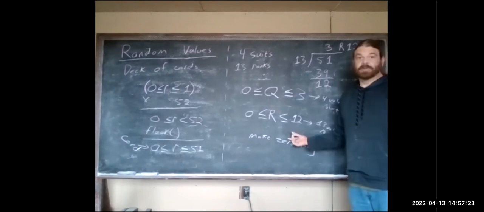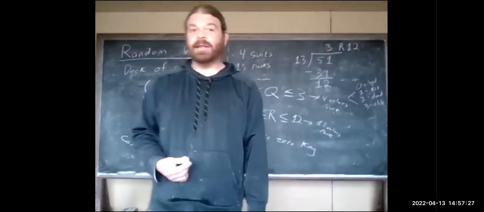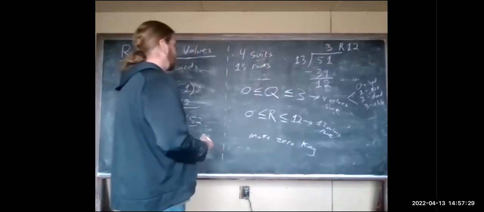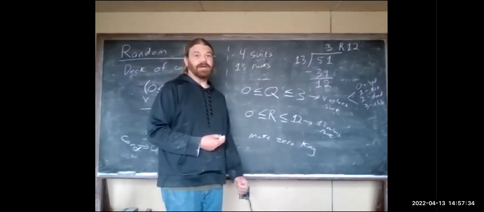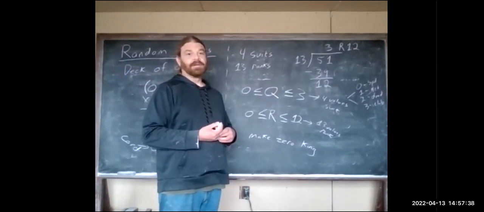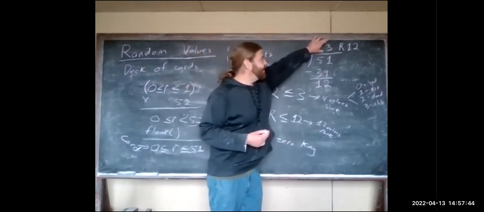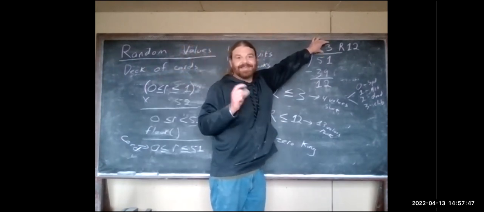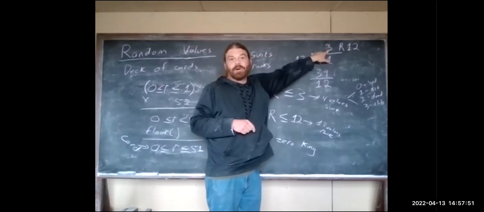Kings are 0, which actually works out, because if we had our 13th card, what's 13 divided by 13? Or our 14th card would be the king here. When we get to the new suit, our quotient goes up by 1.